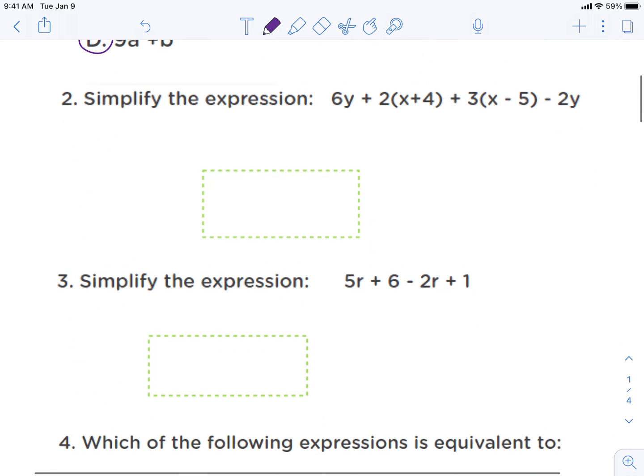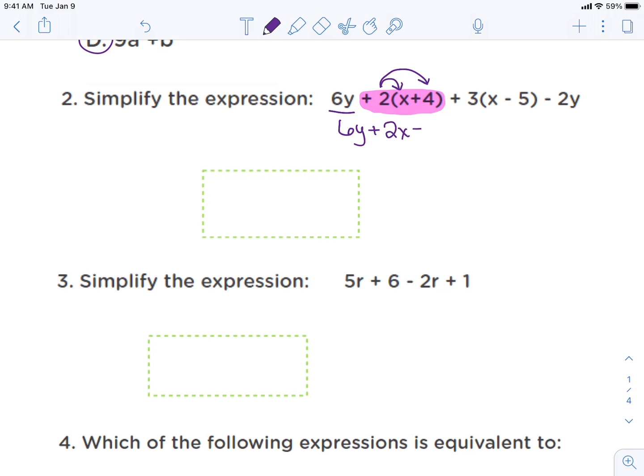Looking at number 2, it says simplify the expression. So we have some distributing we need to do. This first part, this 6y, there's nothing that needs to be distributed, so I'm going to bring it down. Now this next part, I need to distribute that 2 to the stuff inside the parentheses. So I have 2 times x, which is 2x, 2 times 4, positive 8.